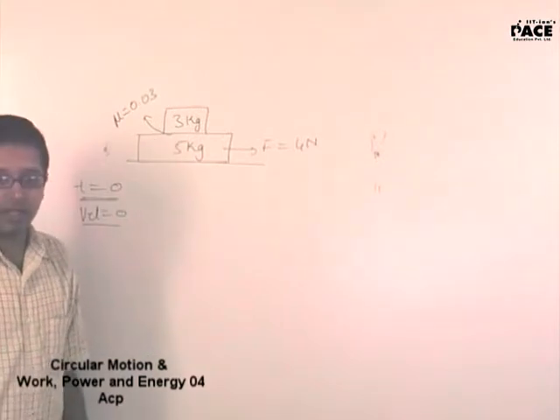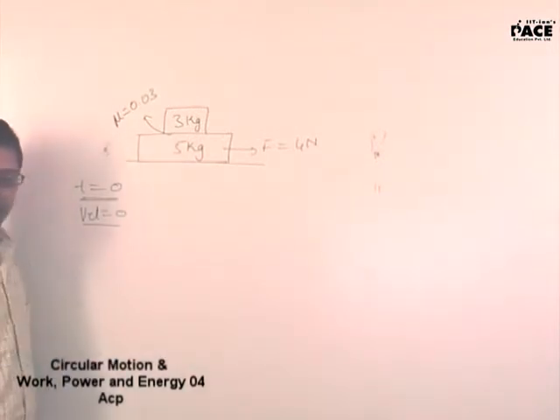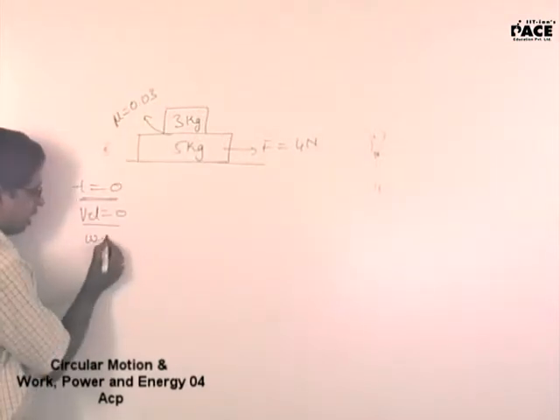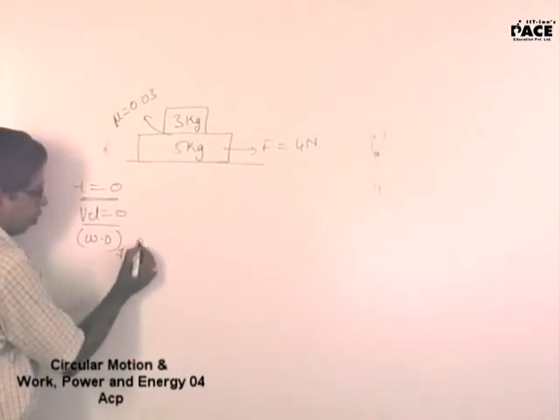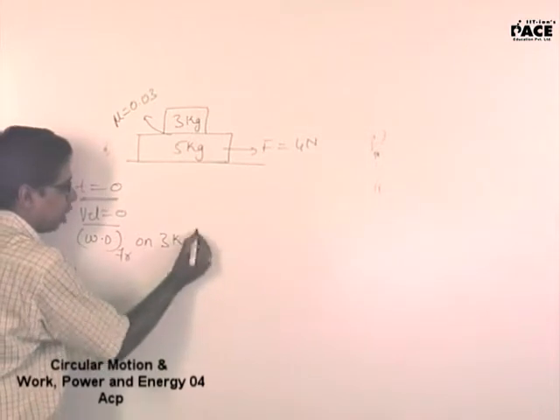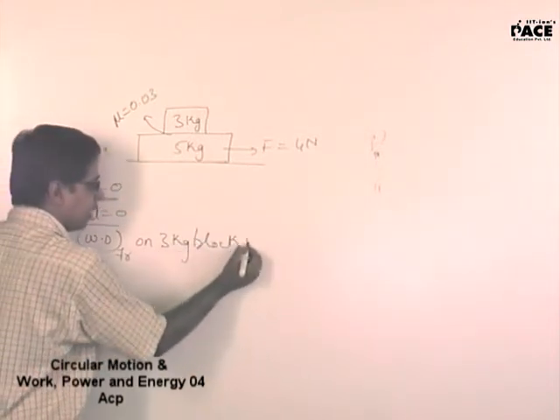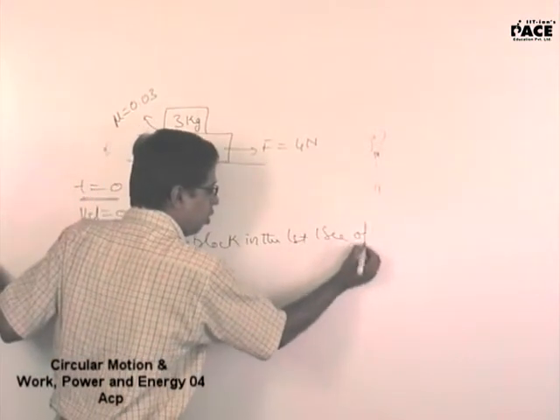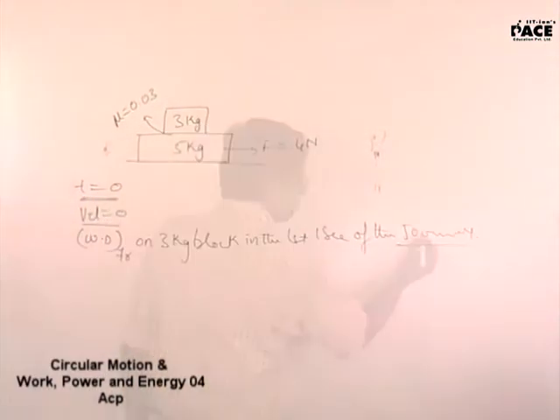You started applying the force F at time t equal to 0. You are asking me to find out the work done by friction on the 3 kg block in the first 1 second of the journey. 0.135 joules, right? Let's see. Let the others complete. I'll solve it on the board.